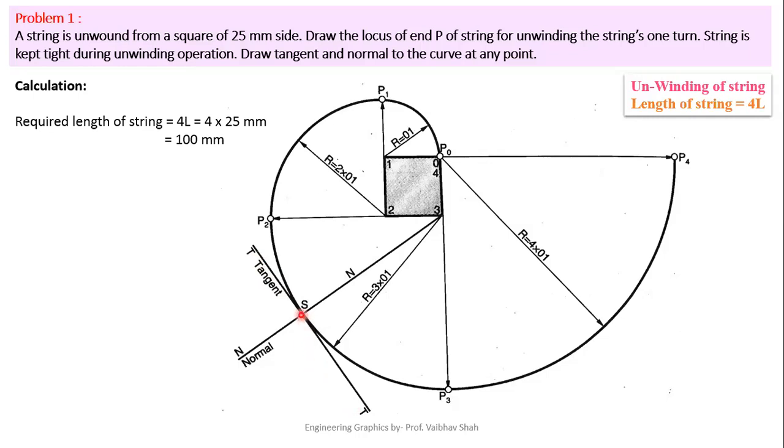So once again, your point S is on the curve P2 P3, and we have generated this P2 P3 curve by taking 3 as the center and 3P2 as the radius. So that means our center would be point 3. So you have to simply connect your point S with 3. You have to extend this line, it will give you the normal, and the line perpendicular to that will give you the tangent TT line. Very simple.